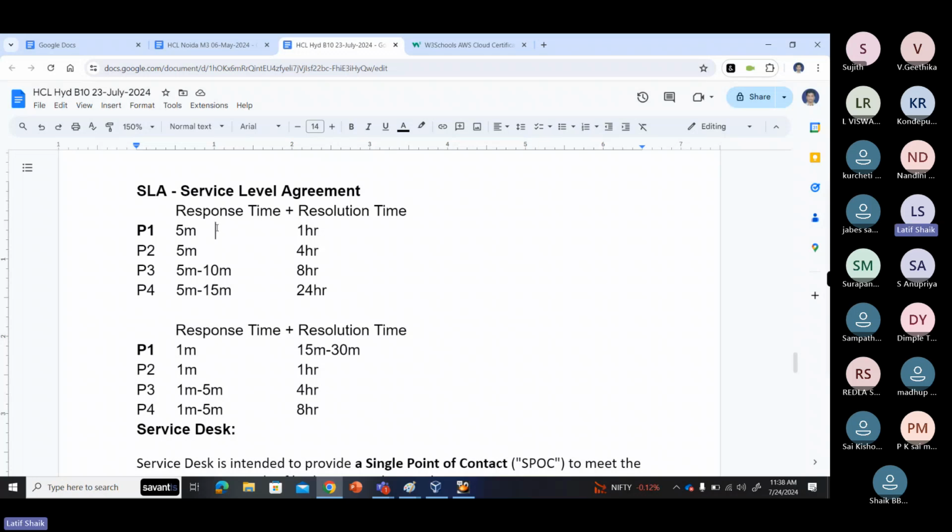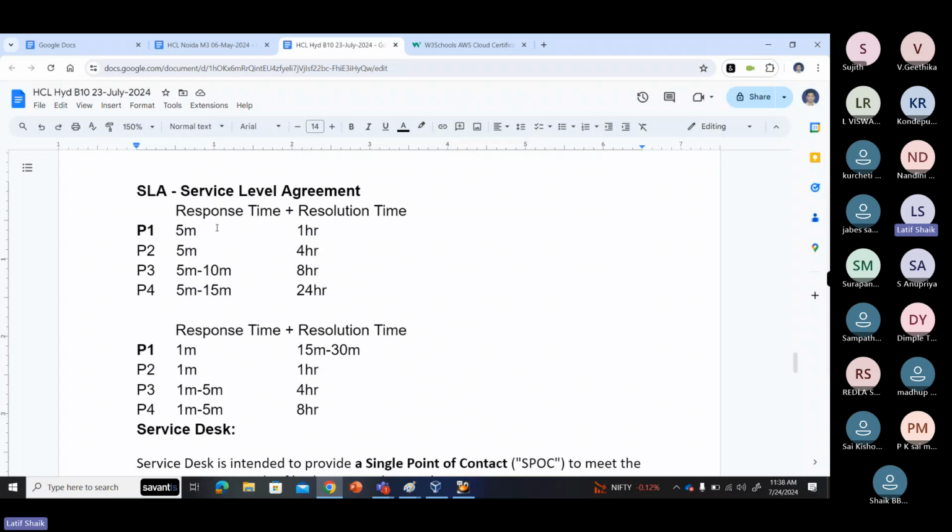Okay, response time and resolution times will be defined in the SLA. Depending upon the SLA and the issue that occurs, you have to resolve the issue, depending upon the impact on the customer or on the service. I have given two timelines here. One is 1 hour for P1.